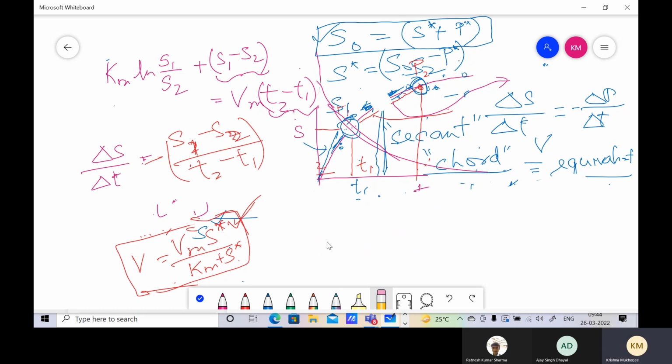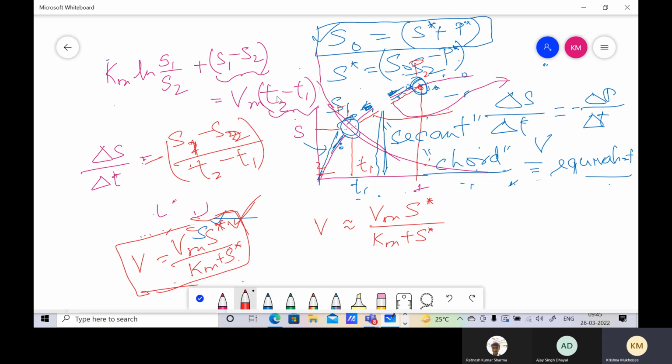So I have something called V, and we have to do some approximations here, which is equal to Vm S star upon Km plus S star. And I have this equation where I have this as the slope, S1 minus S2 upon T1 minus T2, Vm.